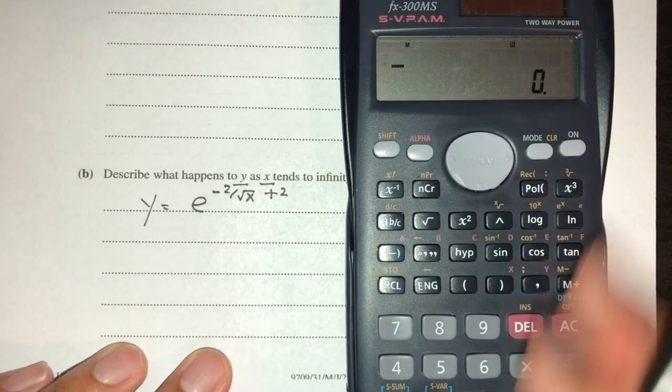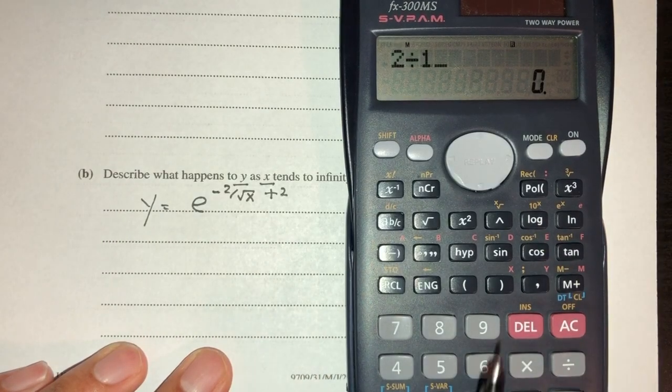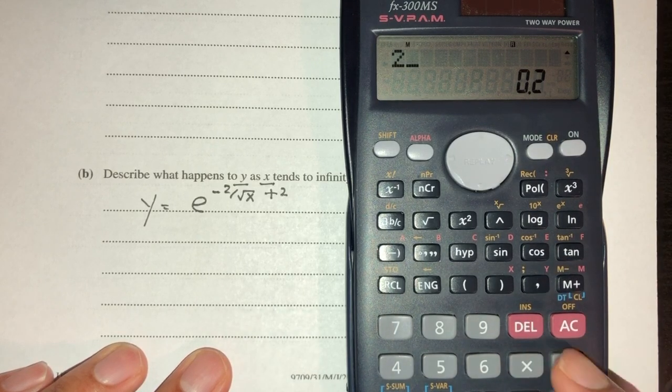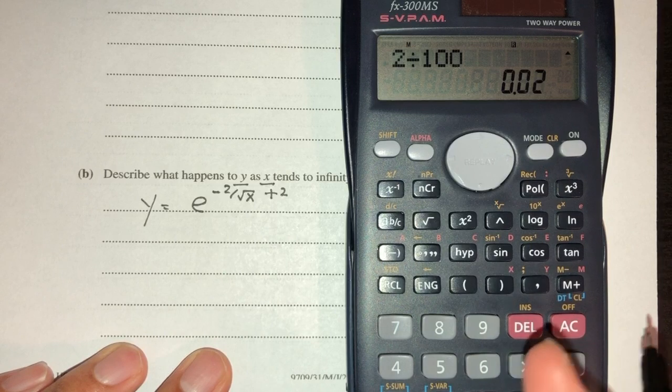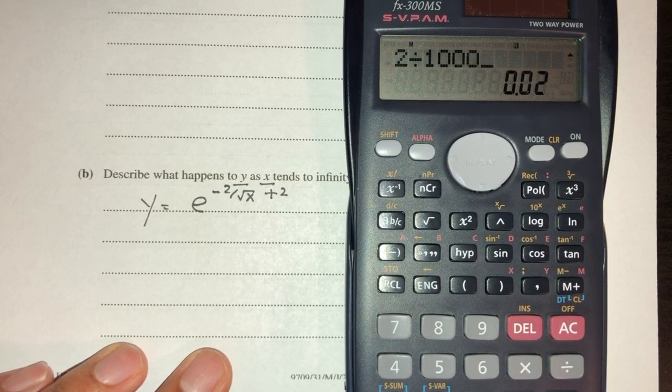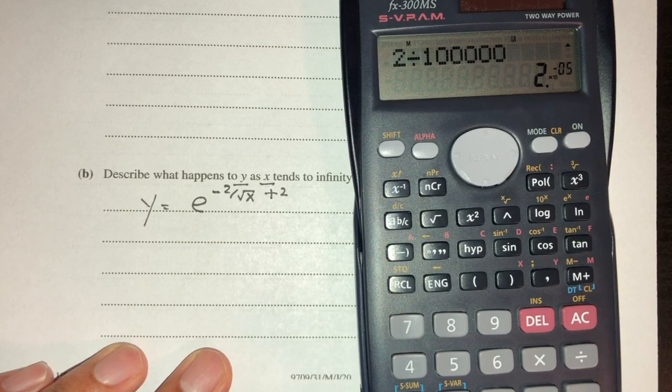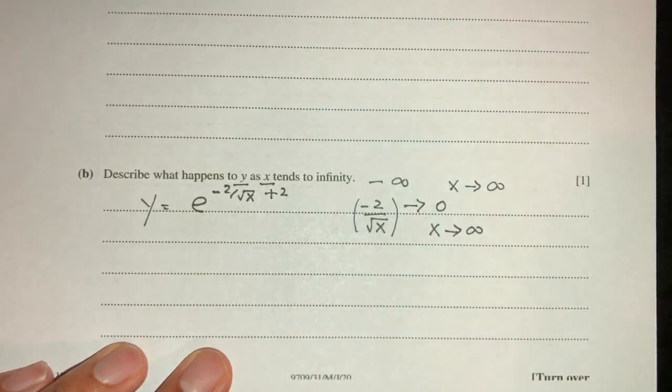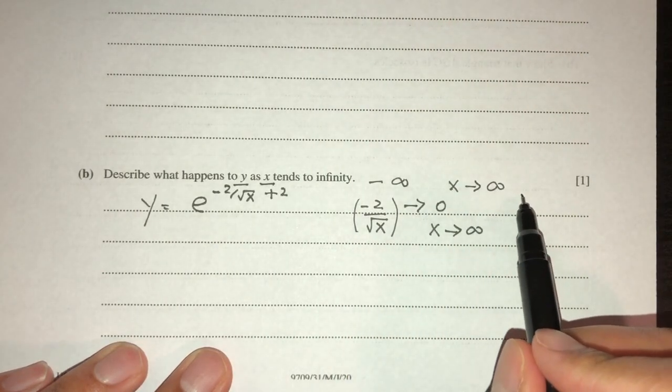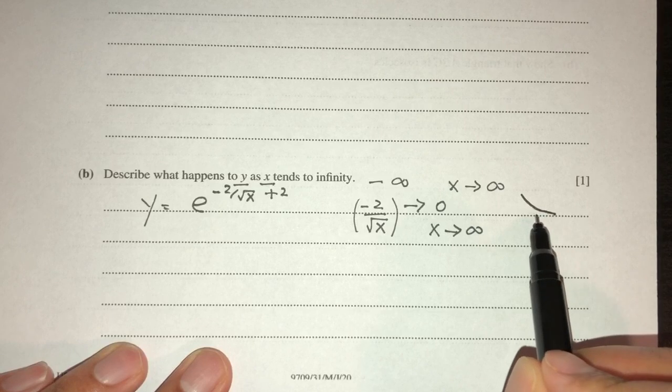For example, let's say I have 2 on top, divide by 10. You will have 0.2. Now I have 2 on top, divide by 100. That will be 0.02. As the denominator keeps increasing, it becomes smaller and smaller. So exactly what happens here, the value goes lower and lower, approaching 0.